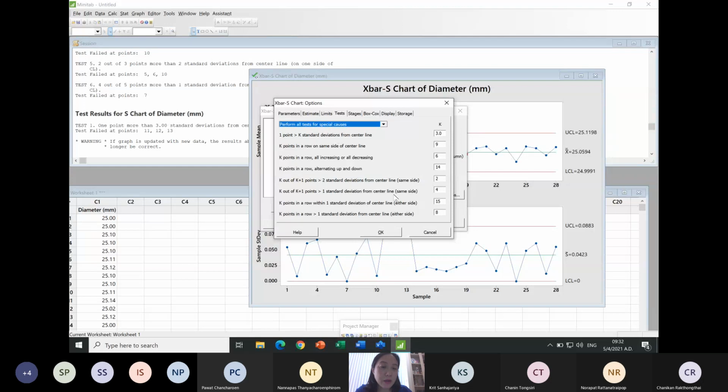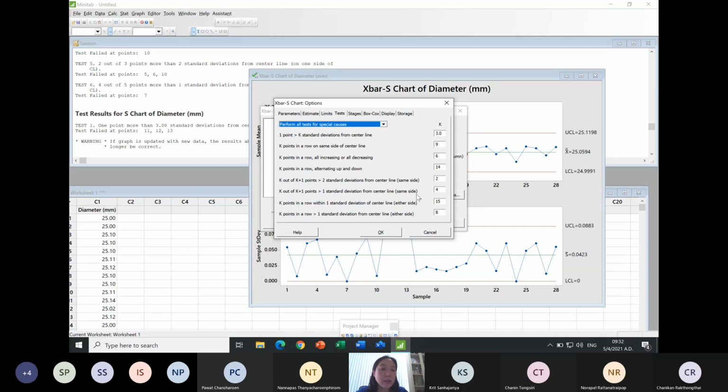So number 6, if you take a look at the arrow that is pointing right now, it says 4. In this case, 4 is k. On the right hand side, the number in those boxes is k, the value of k. And on the left hand side, it says k out of k plus 1 points, where k is 4.